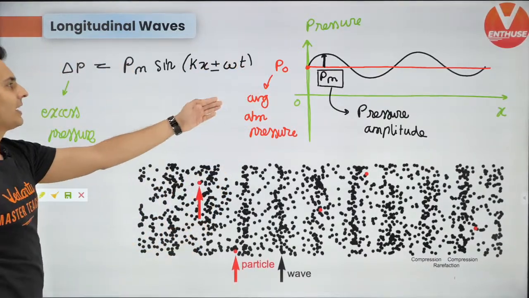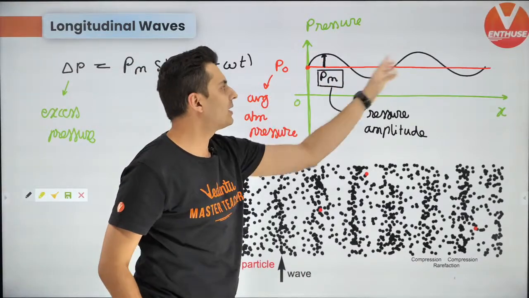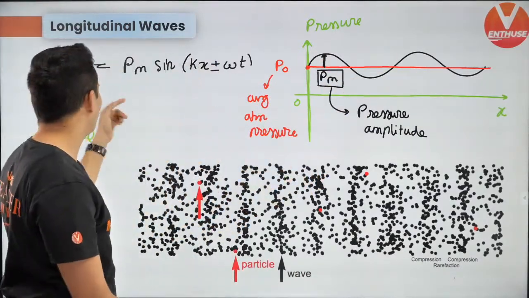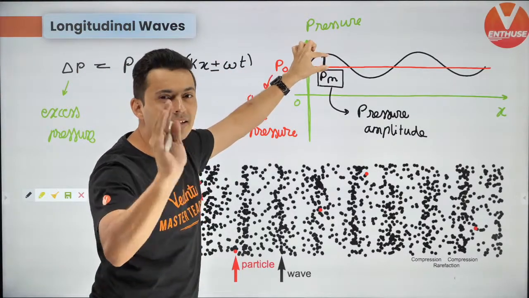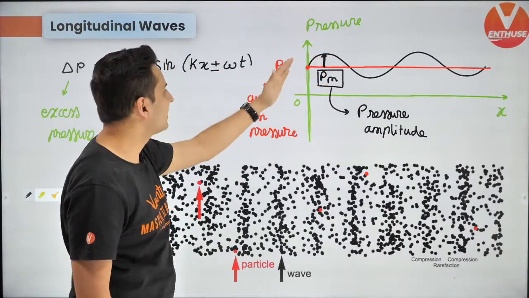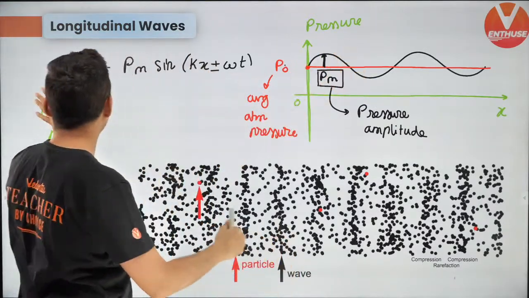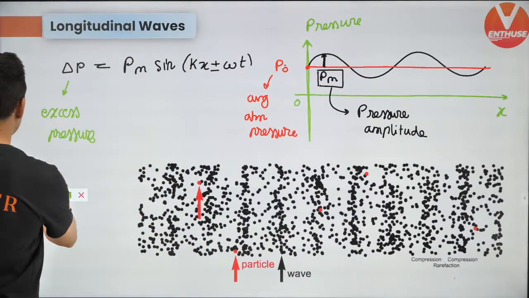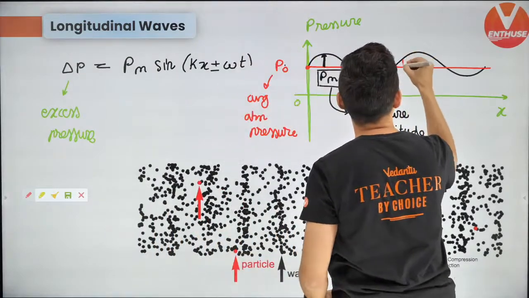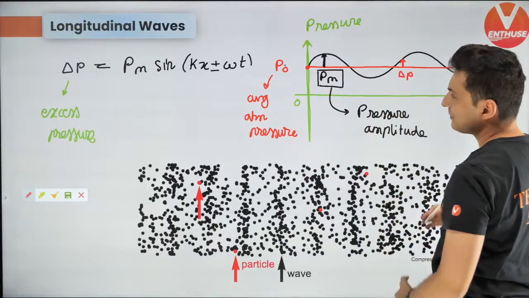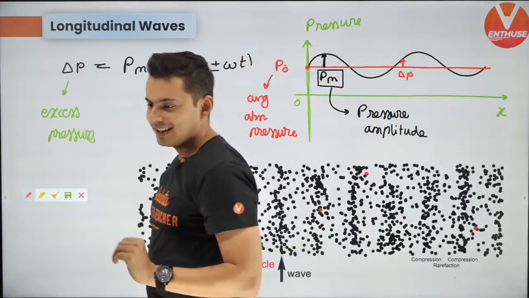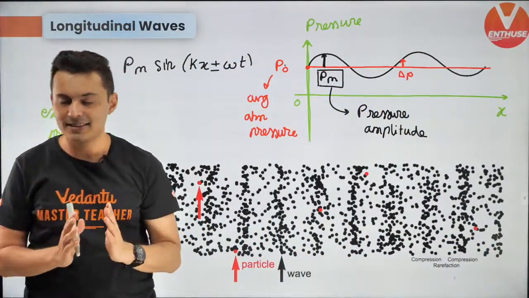That's how it will look. So it's PM times a sine or cosine function, whatever you want to take, and this PM is basically the amplitude of it. It's nothing but a sine equation, that's it. What do you mean by excess pressure? Excess pressure is basically at any point, what is the excess pressure above the normal? Understand? That's it.